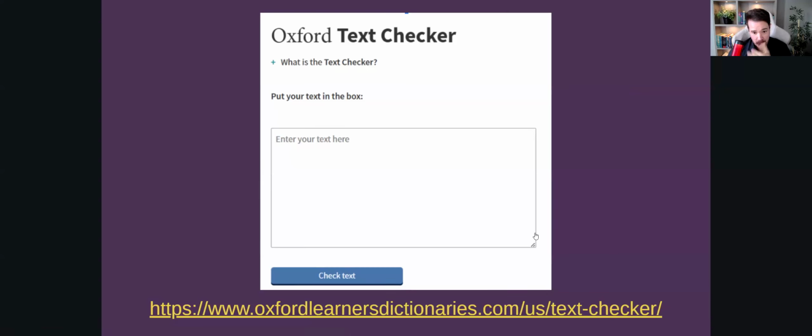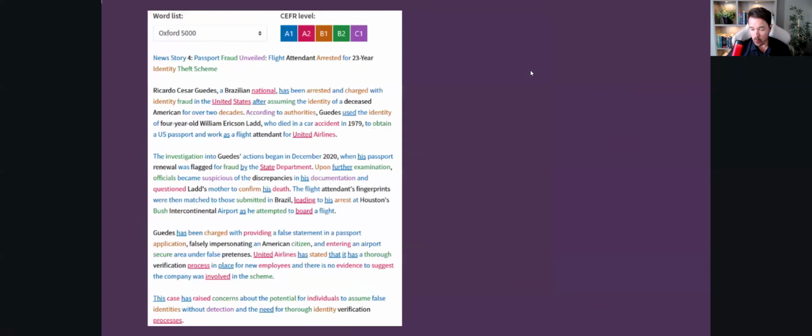And then once you click on check text, Oxford Text Checker is going to analyze all the words from the text and label the words according to the level they belong to in the Common European Framework. In other words, if the words are A1, A2, B1, B2, or C1, they don't have C2 yet. They only have from A1 to C1.